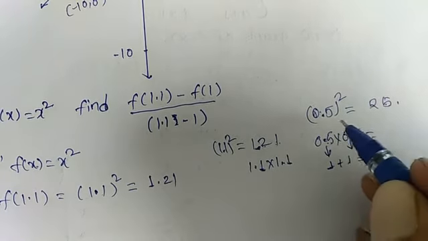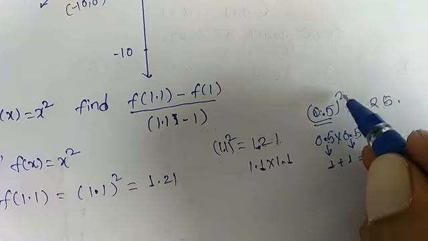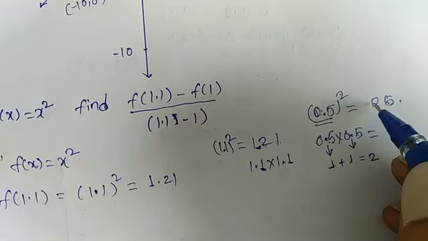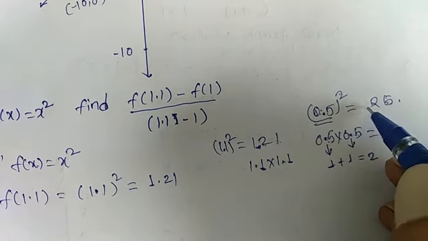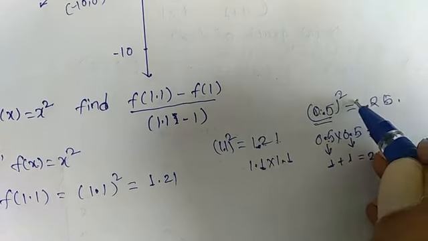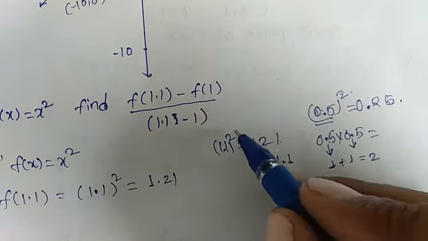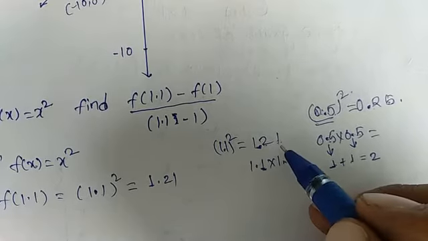When you have done the calculation of 0.5 square, we have to take the decimal from right to left after 2 digits. So 1, 2, after 2 digits we take the decimal. So 0.25 is the square of 0.5. Similarly, 1.1 square is 1.21.